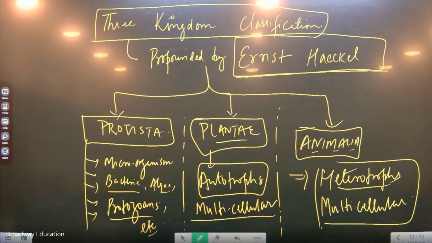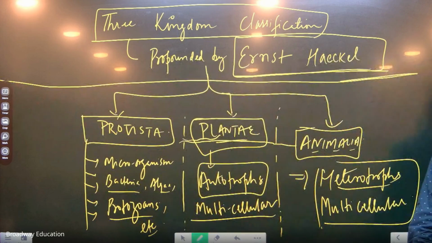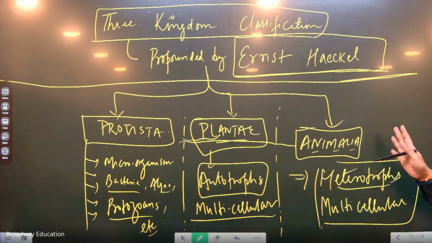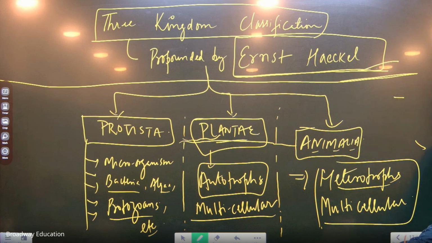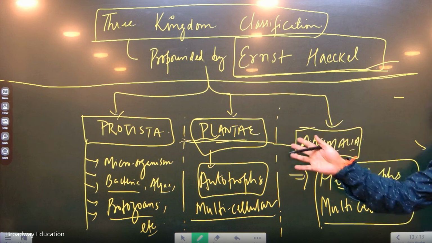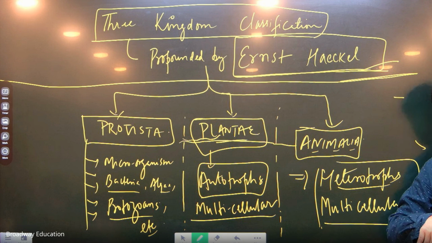The state PCS hardly asks beyond this. Hardly will they ask who propounded the three kingdom classification. If the question is very hard that year, then they will ask which of the following is not covered under the three kingdom classification. Getting my point? This is state PCS. In UPSC, you have to dig more pockets. So this is about the three kingdom classification.